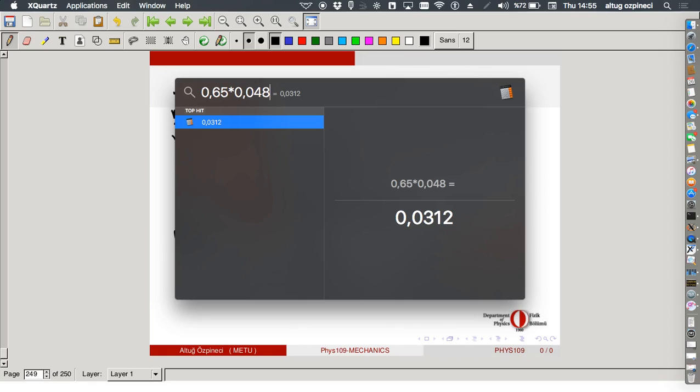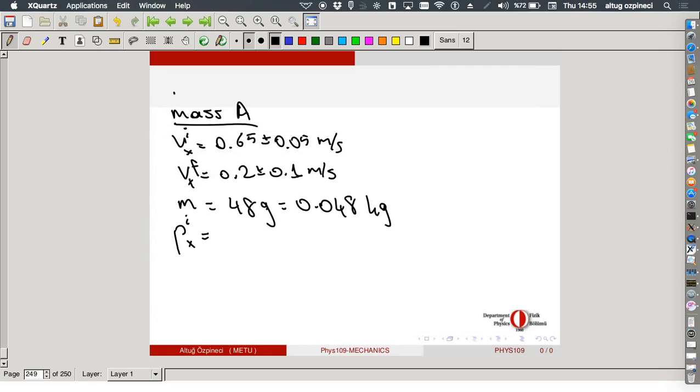So it is more or less something like 0.03 kilogram meters per second, plus the error bars, of course. And if you have the calculator, you can calculate the error bars for me.